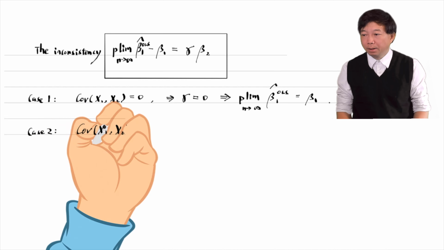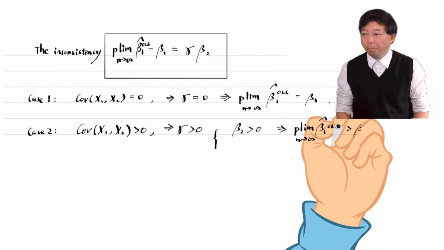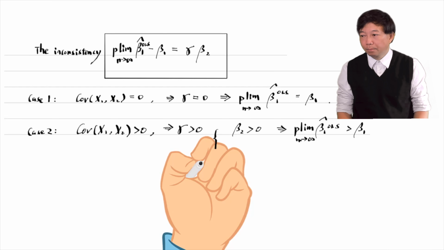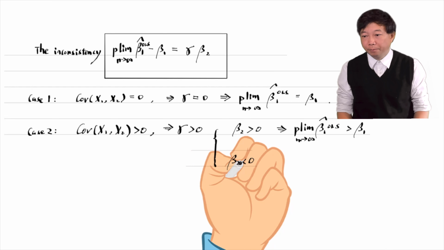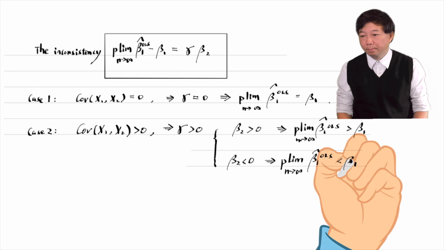If x1 and x2 are positively correlated, and x2 has a positive partial effect on y, then inconsistency in beta 1 hat is positive. That is to say, the OLS estimator beta 1 hat is upward biased. You can check other cases and find the direction of the inconsistency or asymptotic bias.